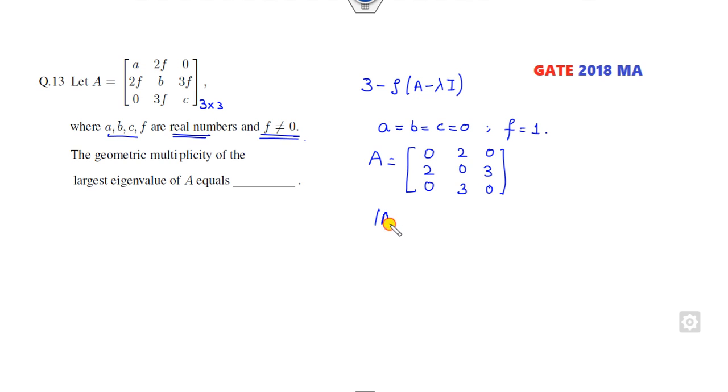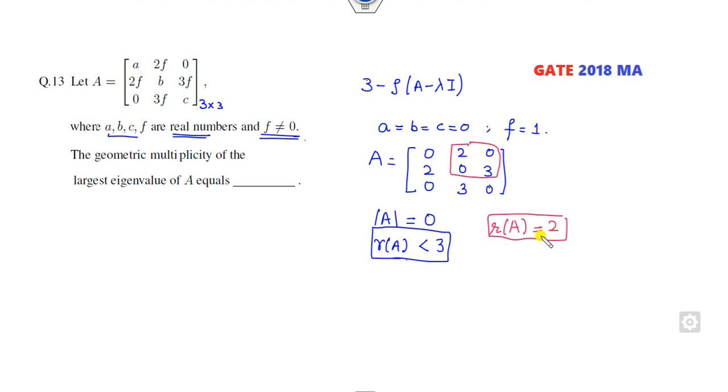Then clearly the determinant of A is 0. What is the meaning of that? Rank of the matrix A is less than 3. Now also you can see this 2 cross 2 minor is non-zero, so the rank of A is 2.